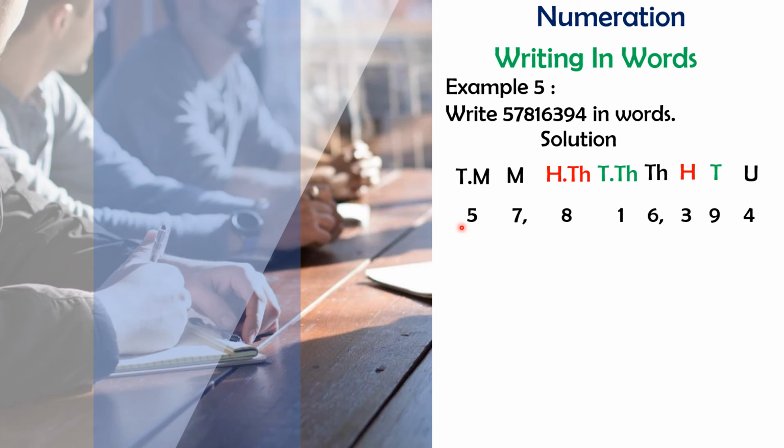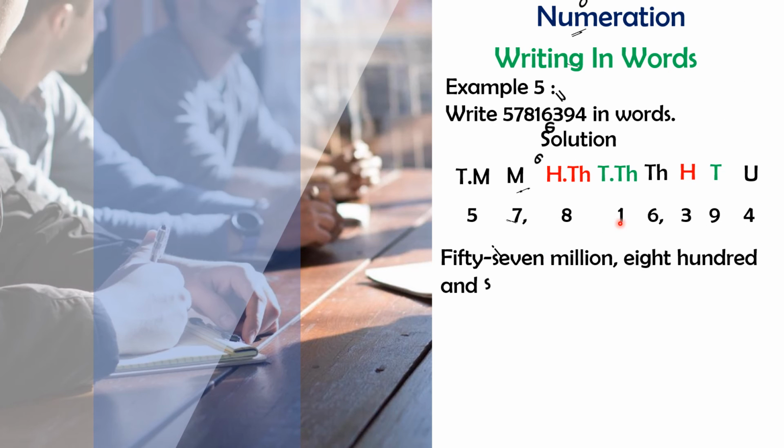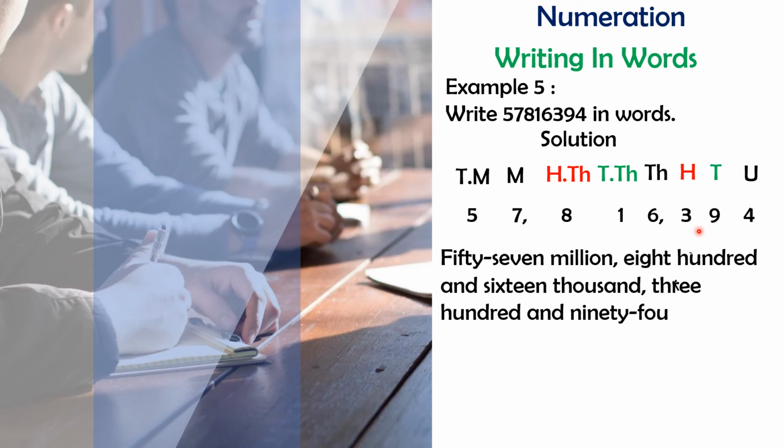The number before this comma here is 57. 57 under the family of million. So it means what? 57,816,394. That's good. I hope you are still enjoying the class of today. Let's proceed.